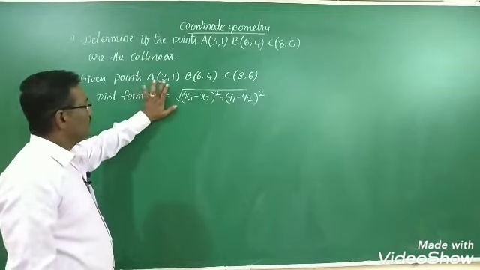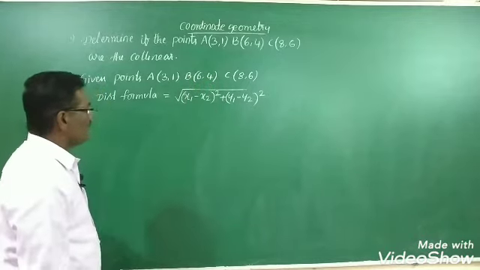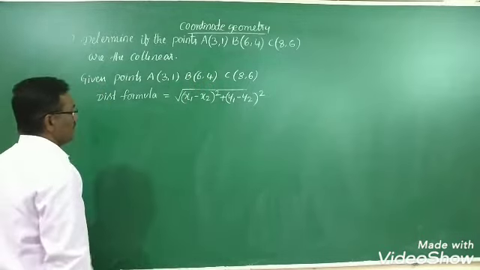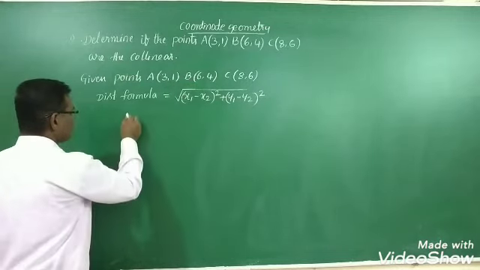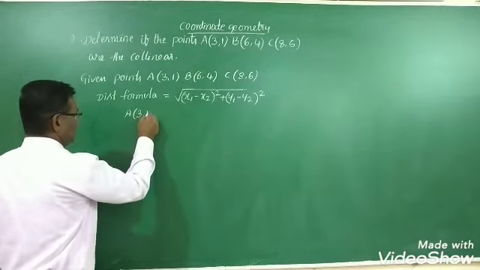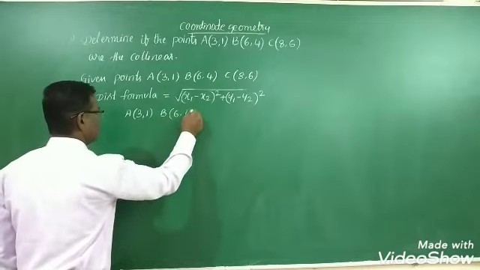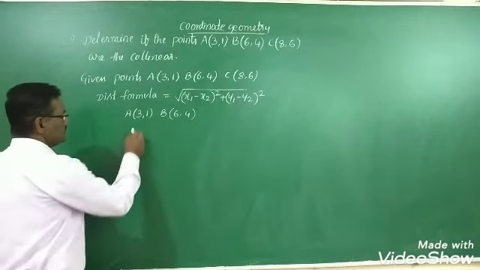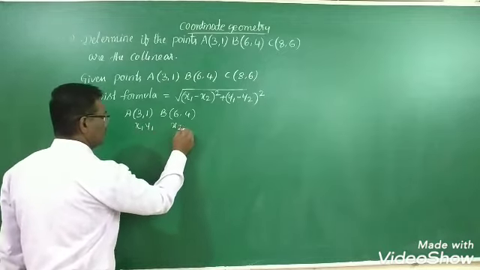Observe now, A, B, C, 3 points given. We have to find out first AB, where we consider A and B here. A(3, 1), B(6, 4). So we consider these as x1, y1, x2, y2.